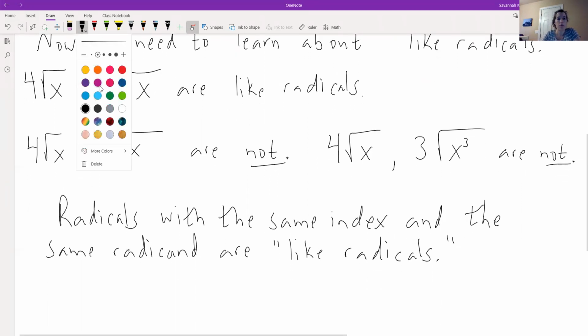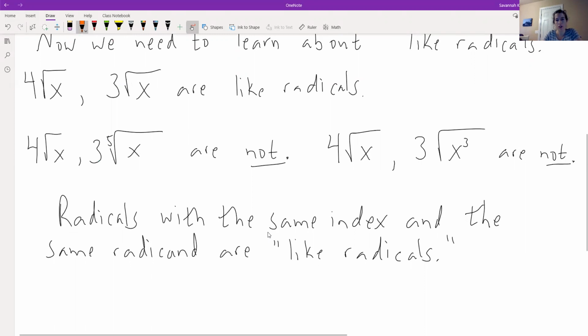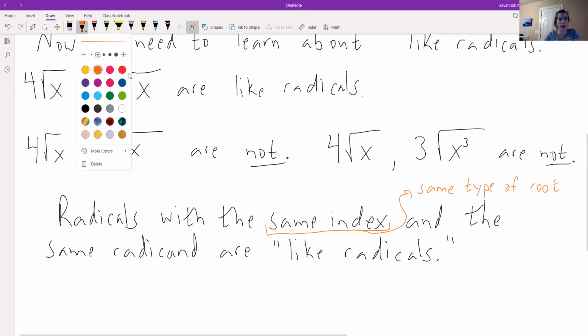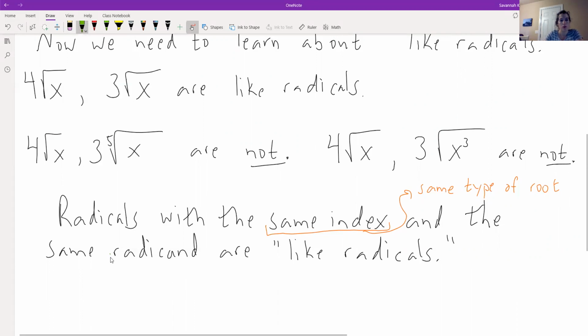Okay, the same index. We haven't talked about technical terminology for roots. The same index means they are the same type of root. So they're all square roots, or they're all cube roots, something like that. The same radicand. The radicand refers to what is under or inside.